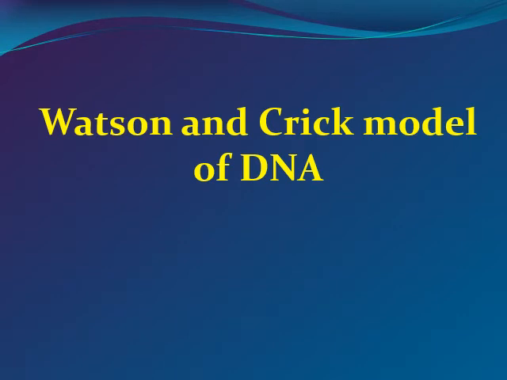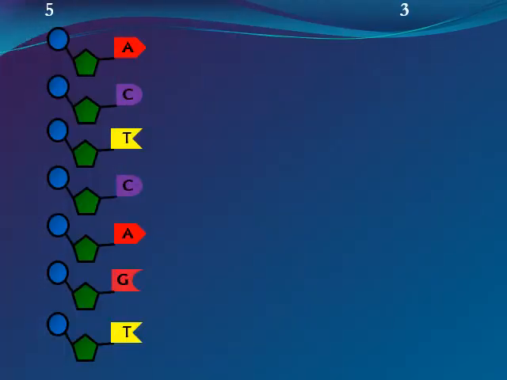Watson and Crick proposed the structure of the DNA, called the Watson and Crick model of the DNA. The major features of that model are the following. DNA is a double-strand molecule consisting of two polynucleotide chains running in opposite directions. Each polynucleotide is made up of base, phosphate, and sugar.